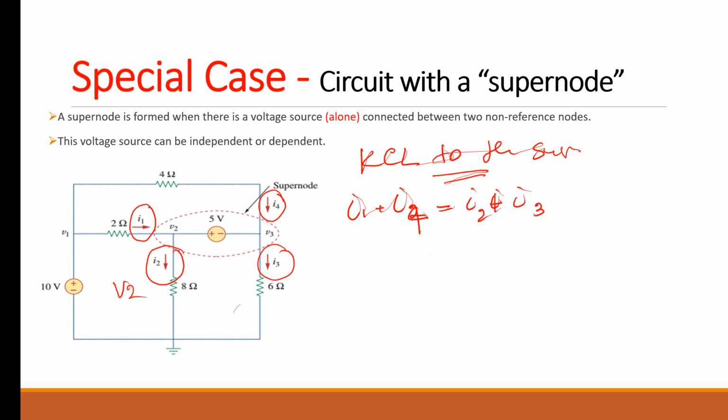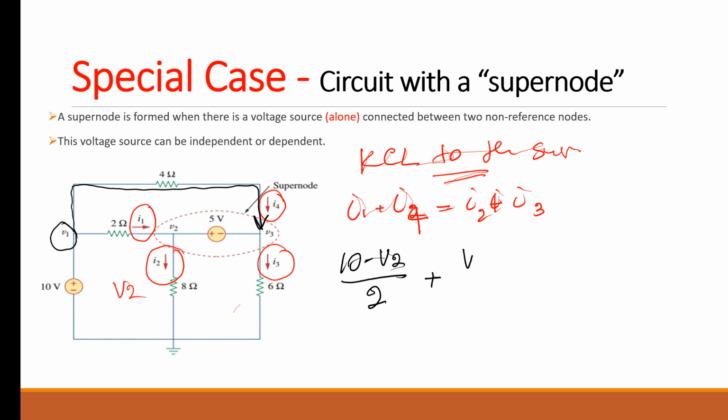Now we write the voltages. I1 you can write as V1 minus V2, so that means 10 minus V2 over the resistance, which is 2. I4 is coming from here to here, starting from V1, which is 10, and going to V3.